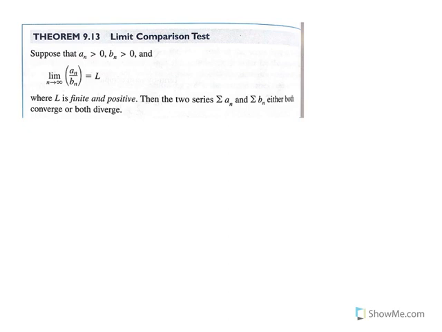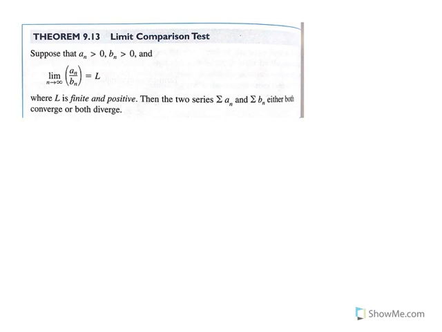The only way you'd be able to apply the direct comparison test to prove divergence is if you can show that the terms of the series that you're considering are larger than or equal to the terms of the divergent series. If you can't establish that, then you can't use the direct comparison test to prove divergence.